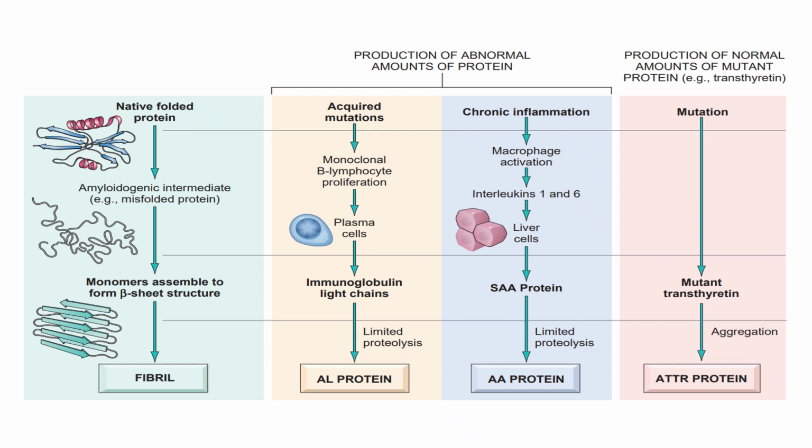These produce interleukin 1 and 6, which further stimulate the liver to produce SAA protein, an acute phase reactant. Due to the excessive production of SAA protein, there is limited proteolysis of this protein, and it accumulates as AA protein. So in chronic inflammation, there is AA amyloidosis.